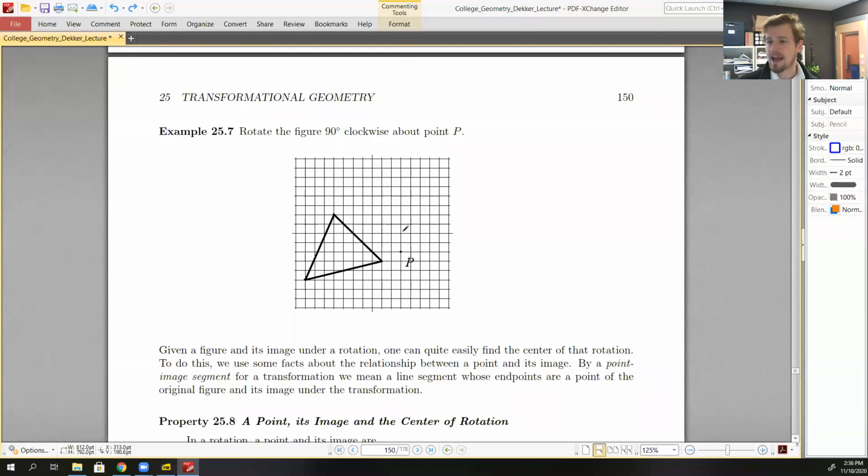From this intersection point, I see where my new point should be, which was right there. Now, you don't actually have to go through that particular process to rotate it by 90 degrees. Recognizing that if we take this L, this kind of funny looking L on its side here, and if we rotated that 90 degrees, it would become this guy right here. And that endpoint of the L is the point that we're moving.